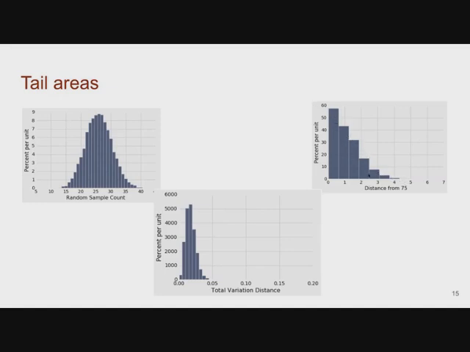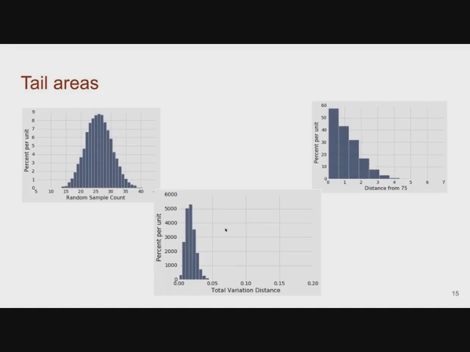Like in the diagram in the upper right-hand corner, if you remember, this was the Mendel experiment for the peas, and we calculated the distance from 75 because our model said 75% of the flowers were going to be purple. And you can see that the tail goes off to the right.